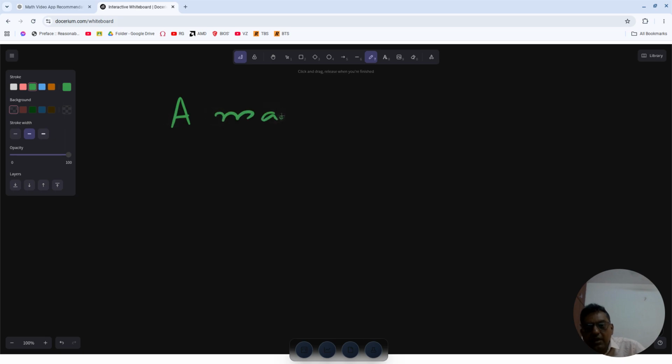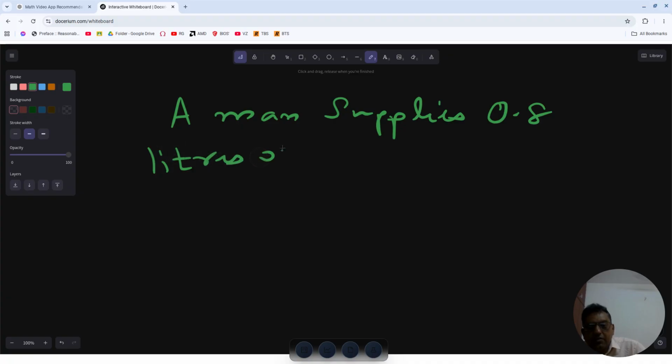A man supplies 0.8 liters of milk daily.